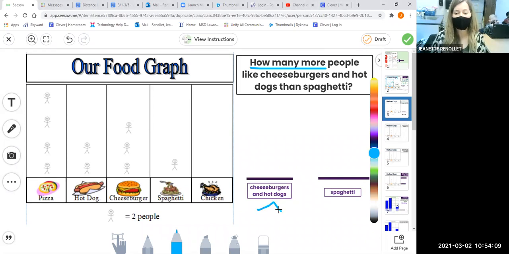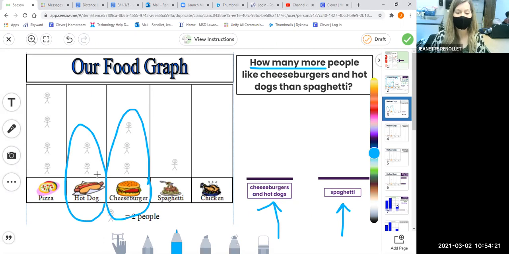Notice our categories. Cheeseburgers and hot dogs are together compared to spaghetti. So first I can find cheeseburgers and hot dogs and combine them. 2, 4, 6, 8, 10 people like cheeseburgers and hot dogs combined. Then I'm going to compare it to spaghetti.